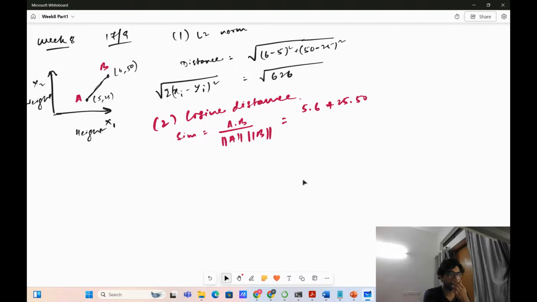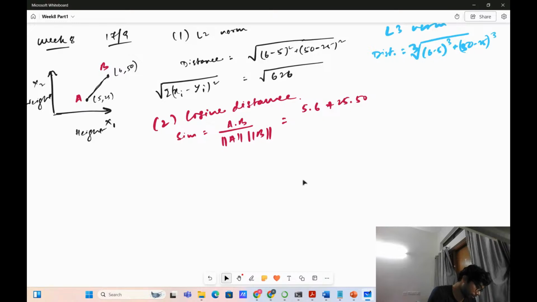Okay, so Monica is asking what I said about cube root. In the L2 norm, if we are doing, let's say, L3 norm, what will be the distance in case of L3 norm? I'll just show it over here. So for L3 norm, the distance would be cube root, and then inside you will have 6 minus 5 whole cube plus 50 minus 25 whole cube.